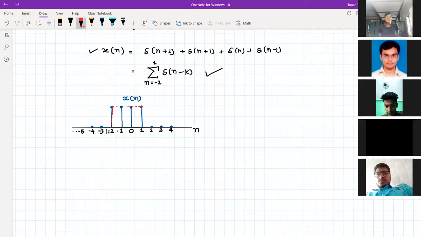So let us begin with a unit step function.